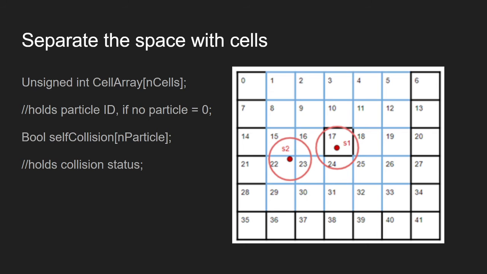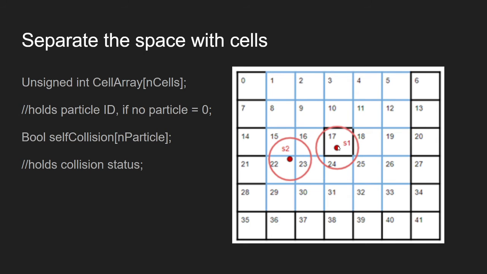It immediately dropped the frame rate from 60 FPS to 20. So I introduced a little bit of optimization right there. What I did is I separate the space into cells. For each particle, I am going to find in which cell this particle is located.